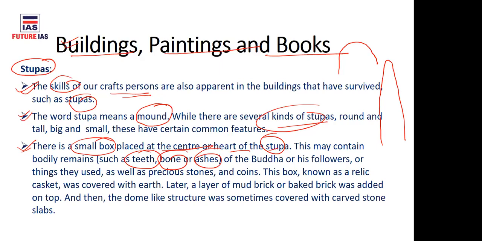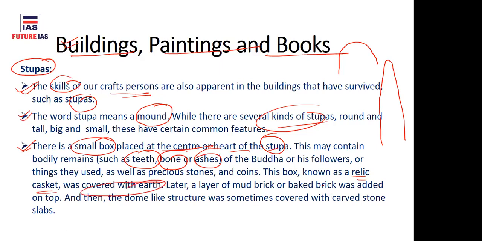Such a box would be put at the heart of the stupa. That is the significance of the stupa. They commemorate the remains of the Buddha or the followers of Buddhism. Now, this box is also known as the relic casket, which was covered with earth.